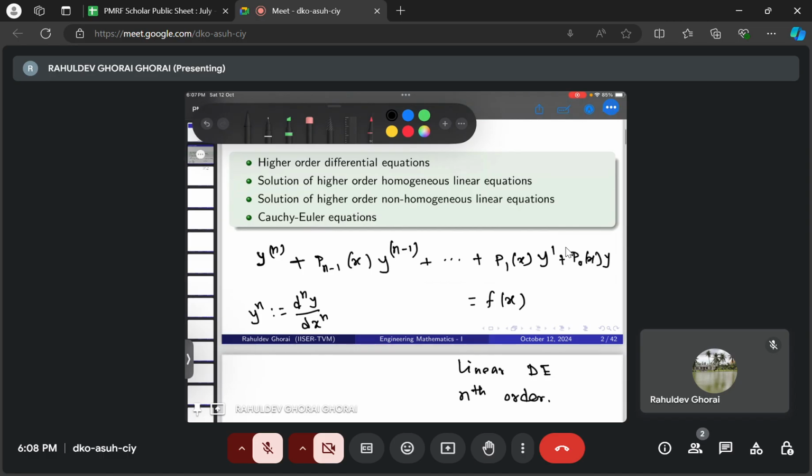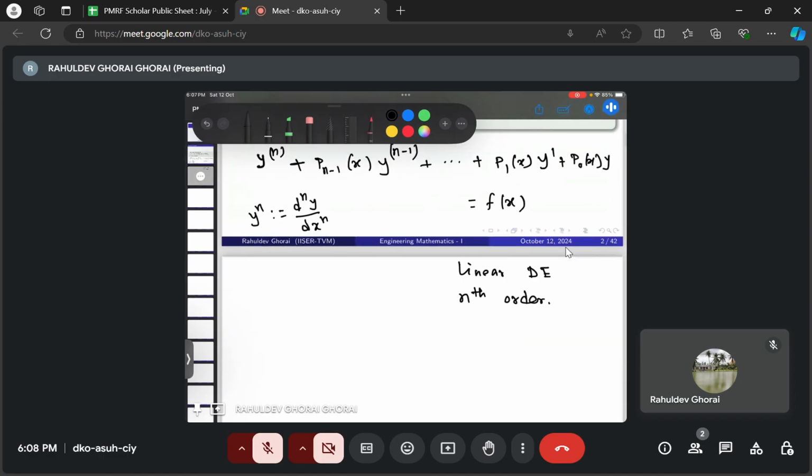So there will be two cases. Case one, if f(x) is equal to 0, meaning for all x, f(x) is equal to 0, then it is called a homogeneous equation.